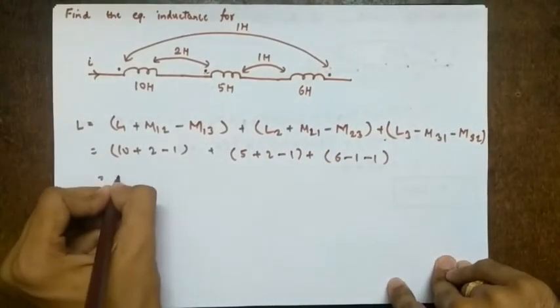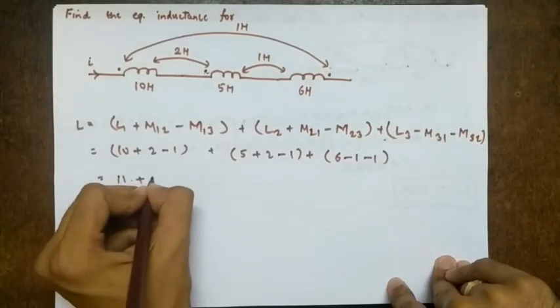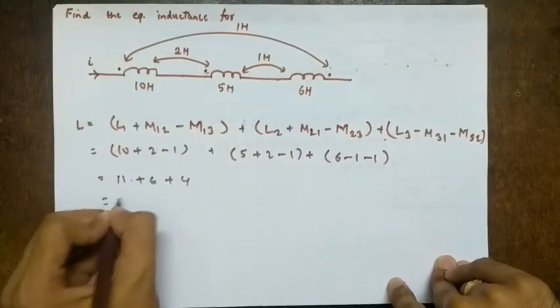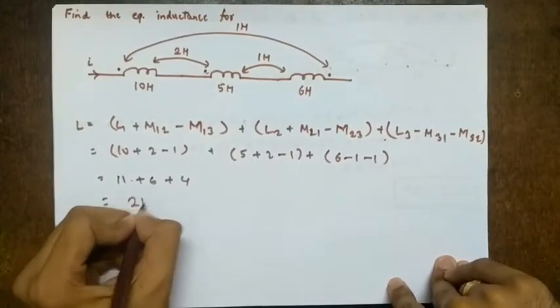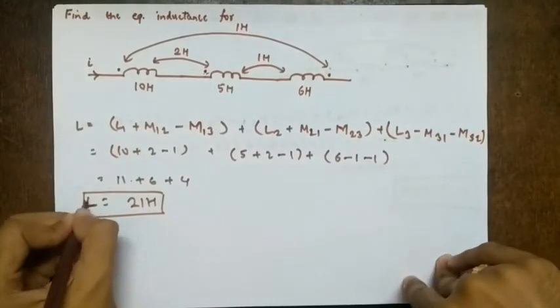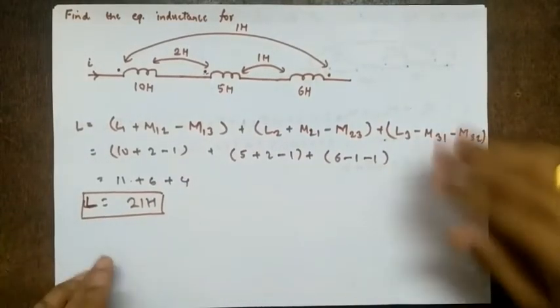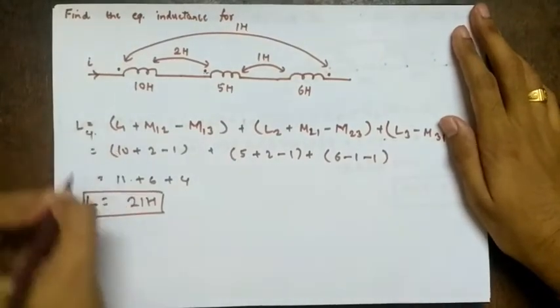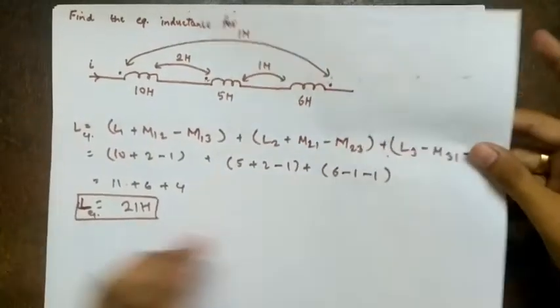So it is 10 plus 2, 12, minus 1, 11, plus 7 minus 1, 6, 6 minus 2, 4, 17, 21. So unit of inductor is Henry, right? What is the equivalent inductance? 21 Henry. If you want, you can mention this as L equivalent, but L is also fine.